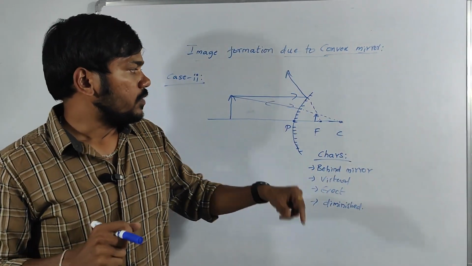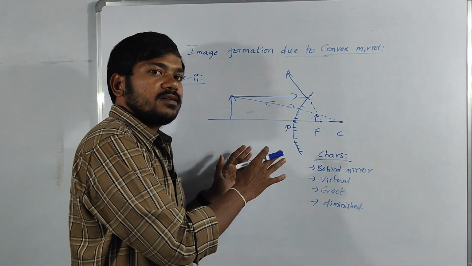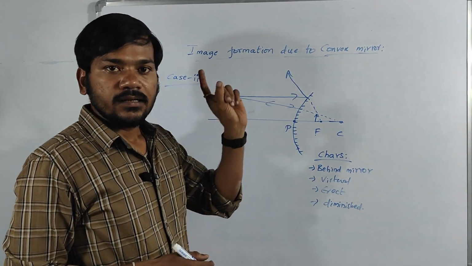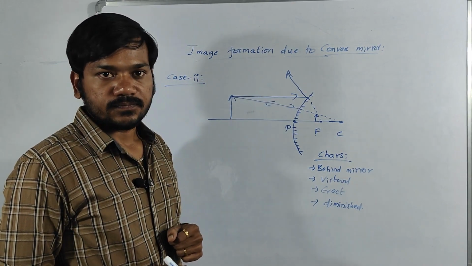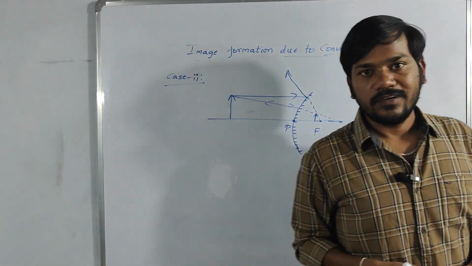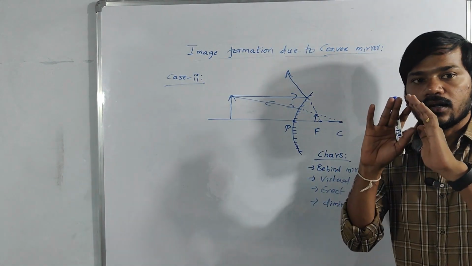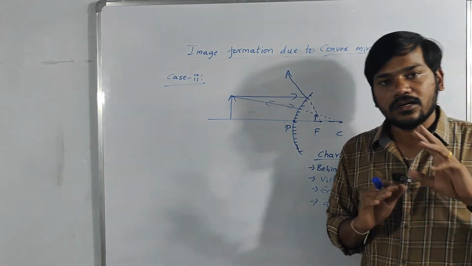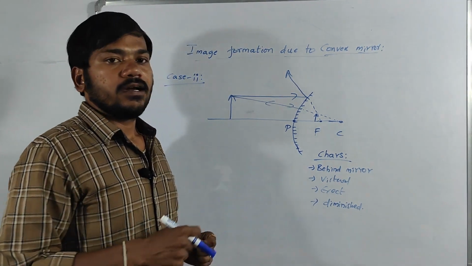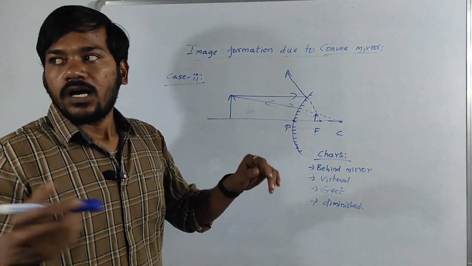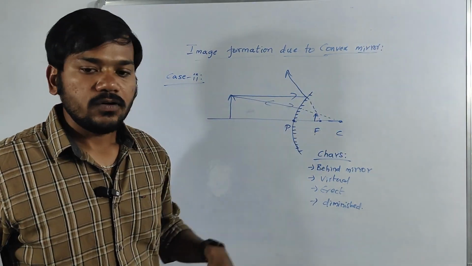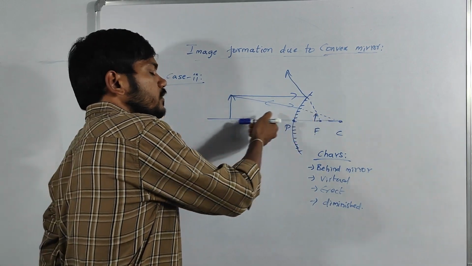Clear now? And one more application of this is, these convex mirrors are used in blind curves and in shopping malls. Okay, and some other places also where more field of view is required in order to form the images. So at the blind curve, say for example, I am coming on my bike or a car. So it's a blind curve. I am at 160 degrees almost, and here there is a convex mirror. So I have to come in this way to the curve and take a turn in this way.